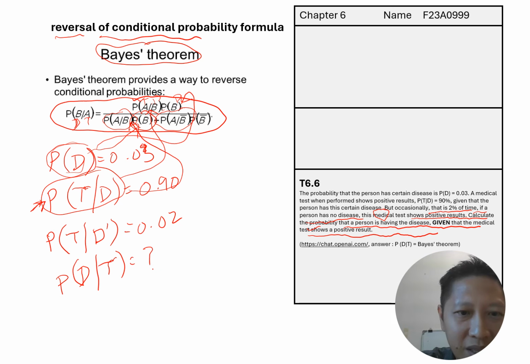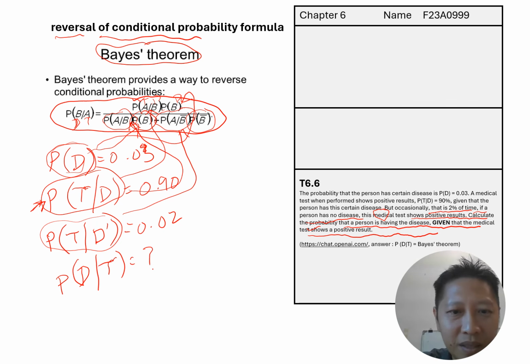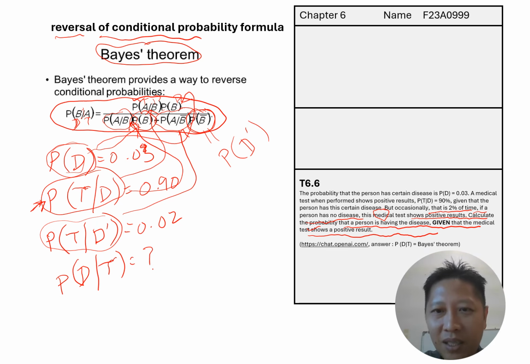A complement B is this one. Okay, put inside. And the last one is probability of the complement B. Do we have it? B is D. Okay, this one is equal to P of D. So luckily we can use the complement formula to find it.